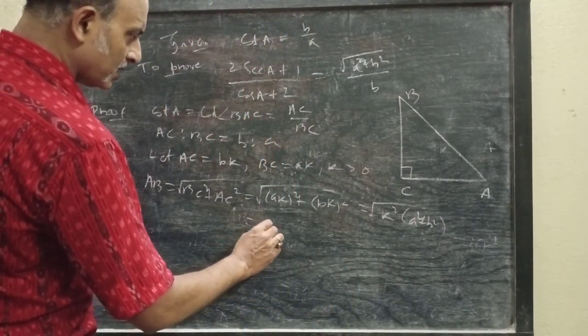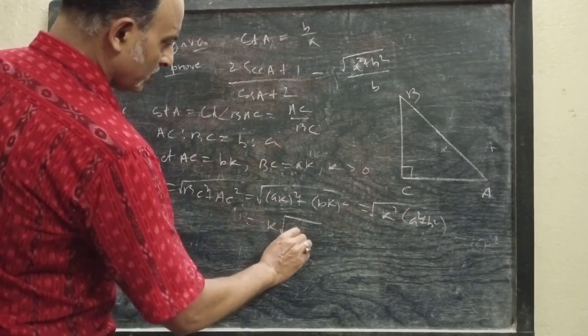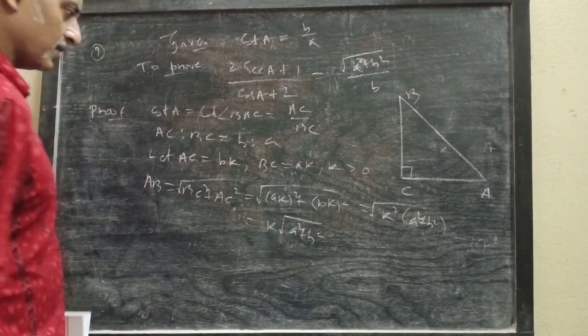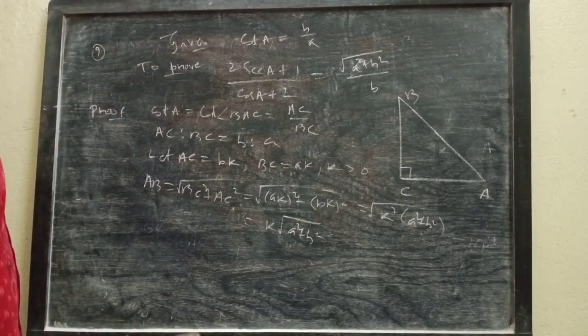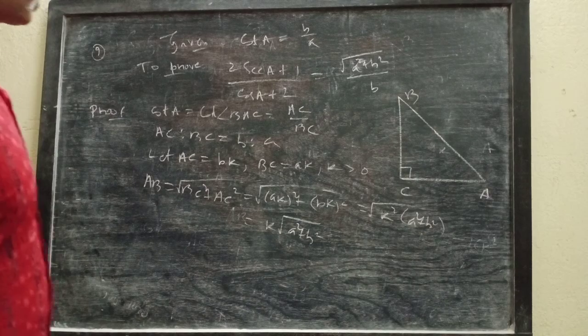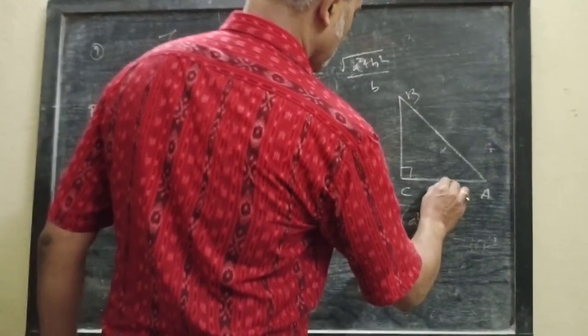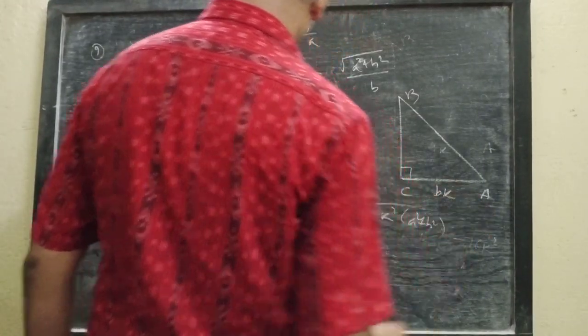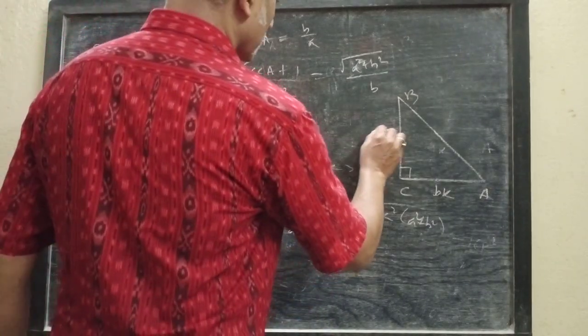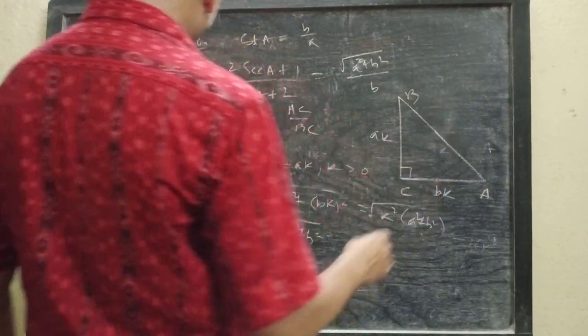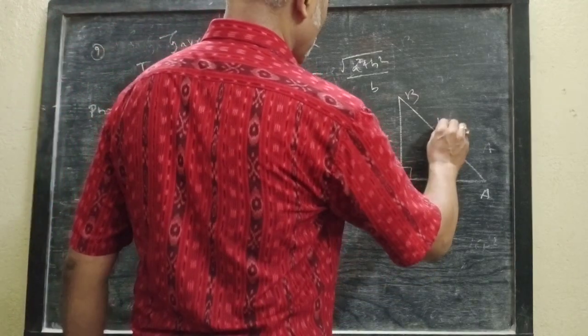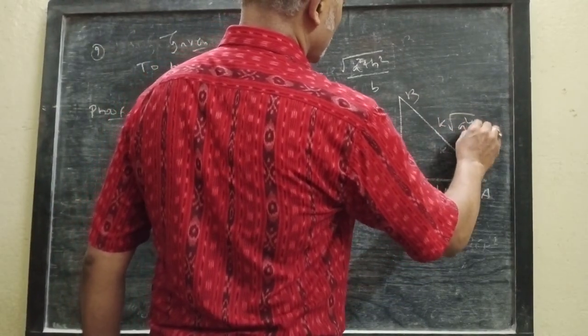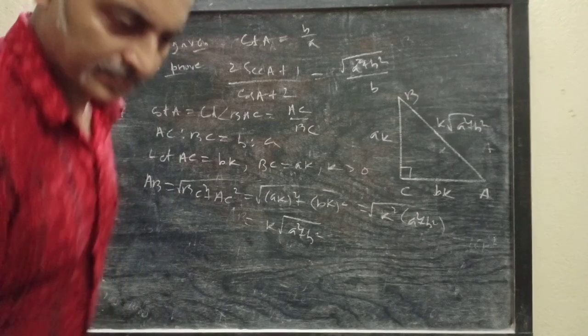So ultimately we get K into root over of a square plus b square. Write these values in the diagram. AC is bK, BC is aK, and AB calculated is K into root over of a square plus b square.